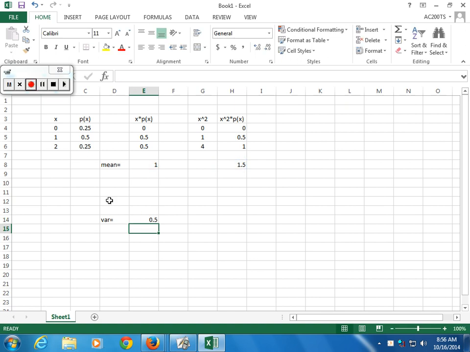And that's going to give you that. And the standard deviation is going to be equal to this guy raised to the what? 0.5 power. And there is your standard deviation.